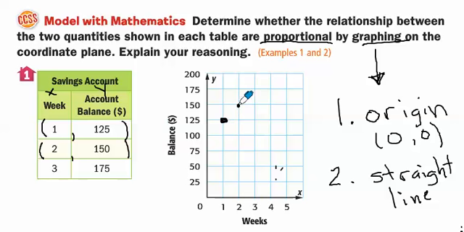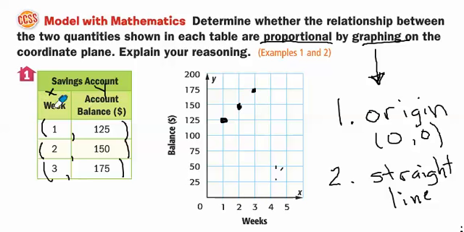Then we're going to continue on, and let's look back to our table. Our X is 3, our Y is 175. So we're going to go to 3, and we're going to go to 175. We're going to come up like this. Okay? Now if we look at our pattern, every time we go over 1, we go up 25. We go another week, we go up 25.